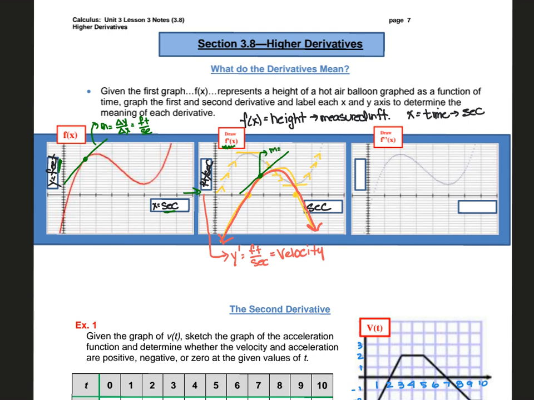Now, if we were to take this same graph and find slopes on this graph, remember again, that slope is measured in the change in y over the change in x, and my y is feet per second, and my x is seconds. So on my next graph, I will now be measuring a y-axis of feet per second squared in seconds. And we're going to take this derivative that we have here.